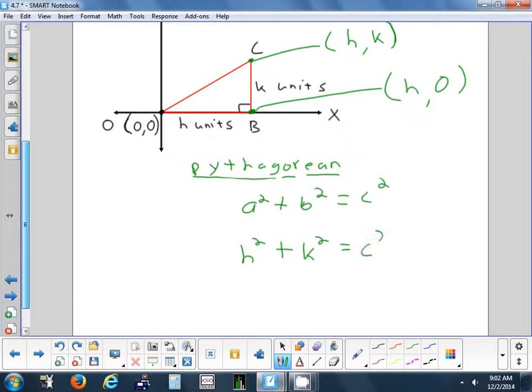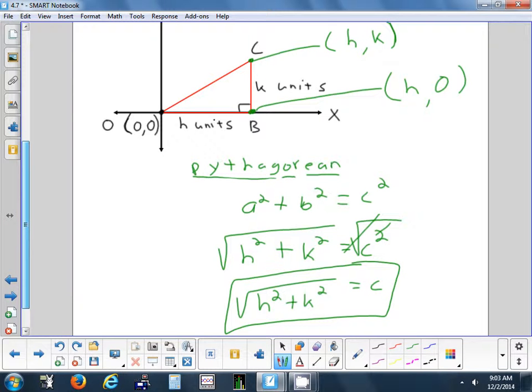That's what I'm finding, so just leave that. Normally you would square h and square k, but you can't because they're not numbers, so there's nothing else to do here. How do you get rid of the exponent on c? Square root. Yep, just take your square root. So the final answer is the square root of h squared plus k squared.